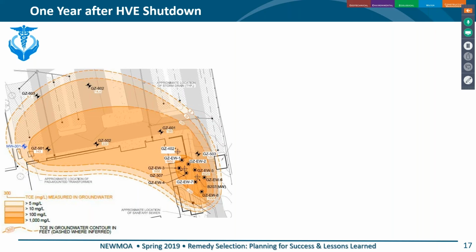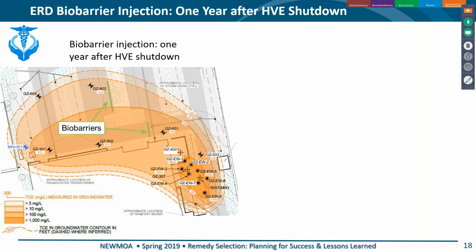What we did at that 1 year point was to treat the plume by injecting PlumeStop, which is a Regenesis product, and Regenesis is one of your sponsors. It's 1 to 2 micron activated carbon, and it becomes a colloidal solution with the viscosity of water, very easy to inject.